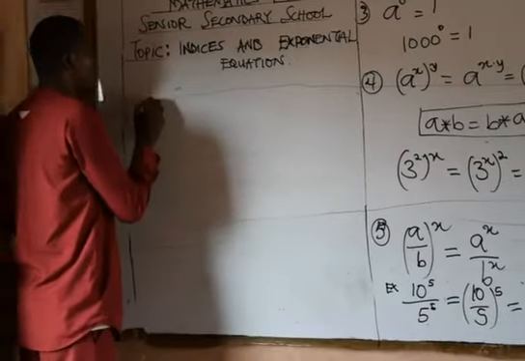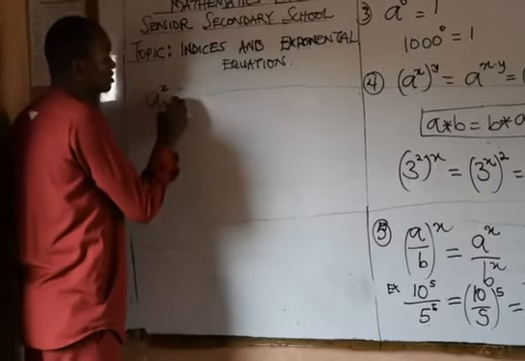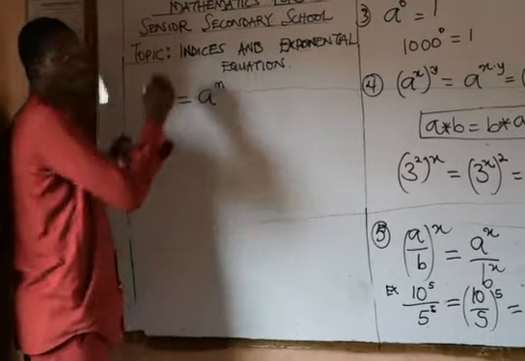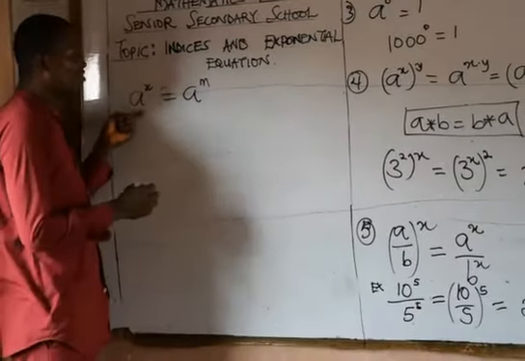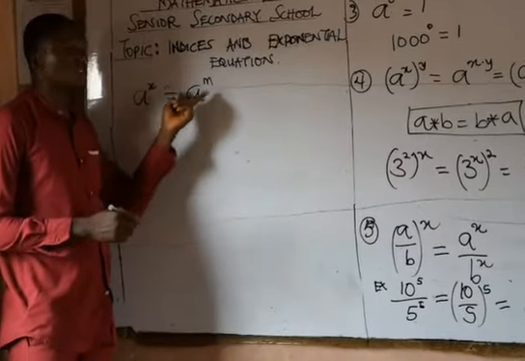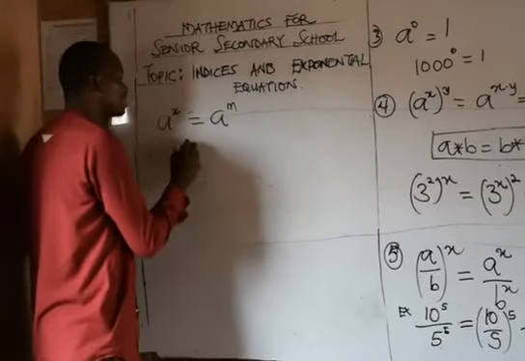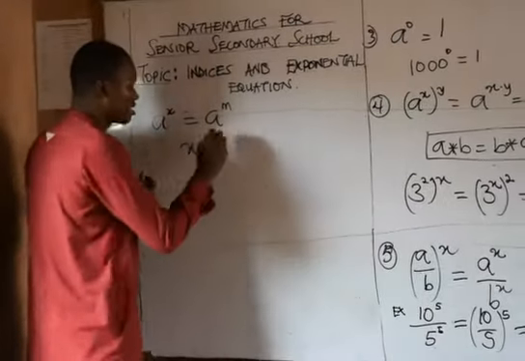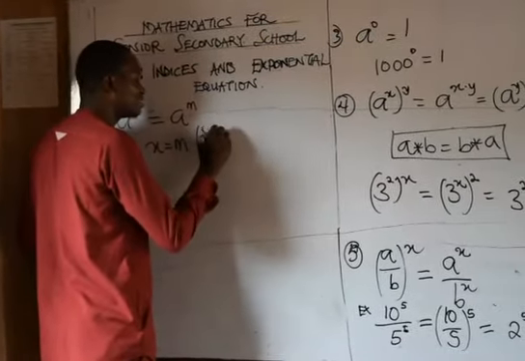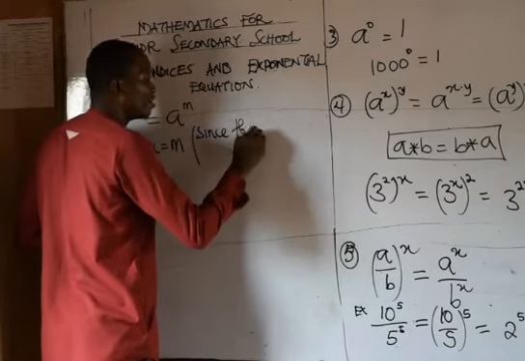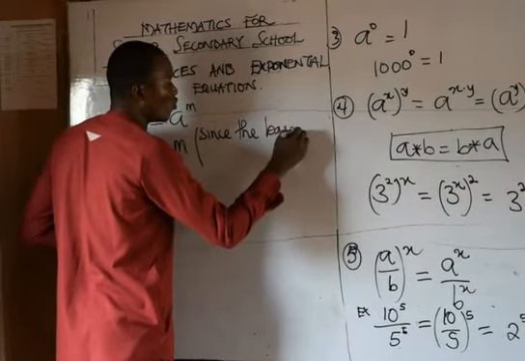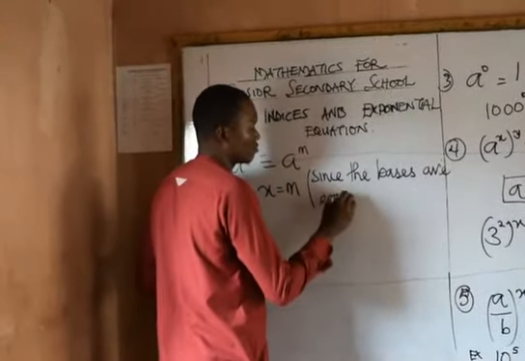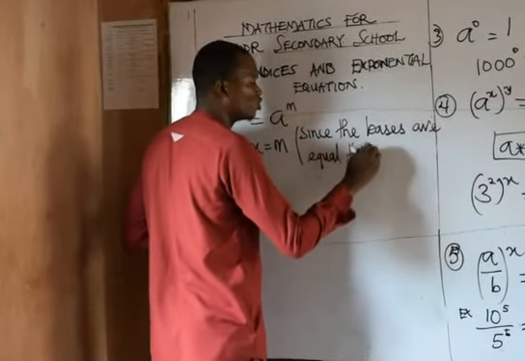So when we have a raised to the power of x is equal to a raised to the power of n, then I will say that x is equal to n. Why?